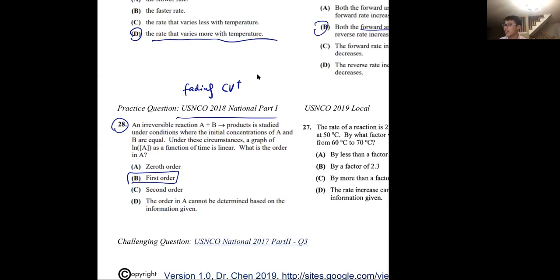A is yes, B is no. Wow, this is very unfortunate. A lot of you didn't do this experiment before. Okay, I just want to get some brief information about how many of you did the experiment.